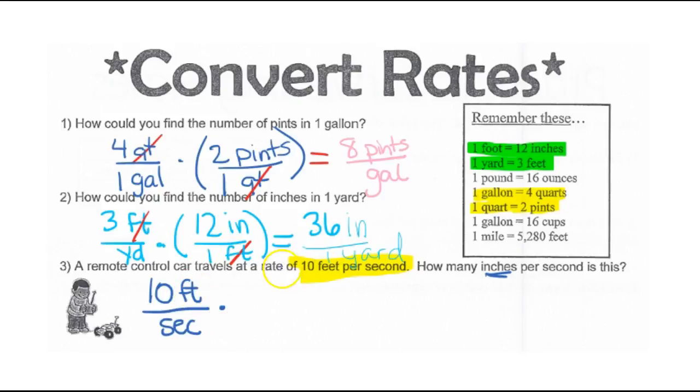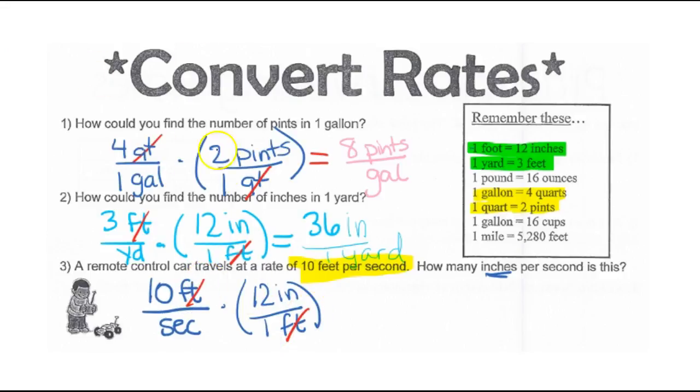So I'm going to multiply this by a unit ratio, and again we know that there's 12 inches in every foot. So I am going to multiply this by 12 inches per 1 foot. It's very important for me to keep my dimensions in here so that I can cancel out my feet.